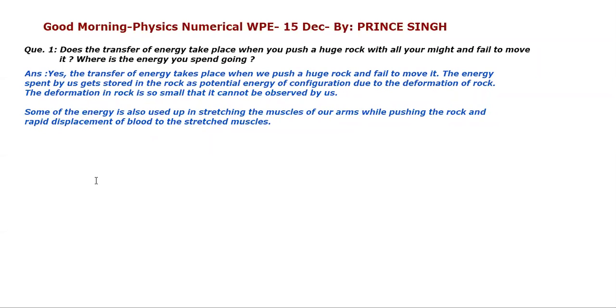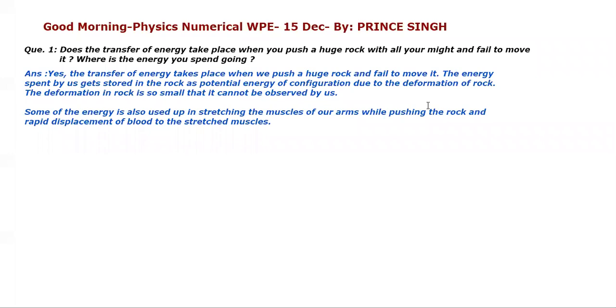Answer with the proper reason. Transfer of energy. When you push a huge rock and fail to move it, the energy spent by us gets stored in the rock as potential energy. Okay. The deformation in rock is so small that it cannot be observed by us.